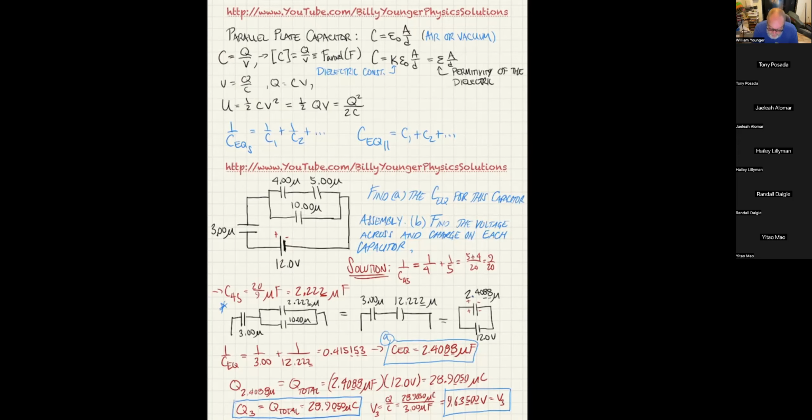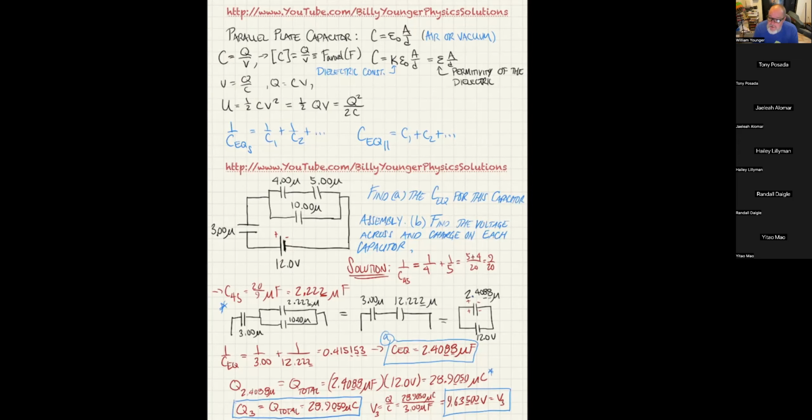So all I have to do with that 2.4088 is multiply it by 12 volts, and that gave me 28.9050 microcoulombs, which is this guy. Now, again, because the 3 microfarad capacitor is in series with it, it's going to take the whole charge, because there's really nowhere else for the charge to go.